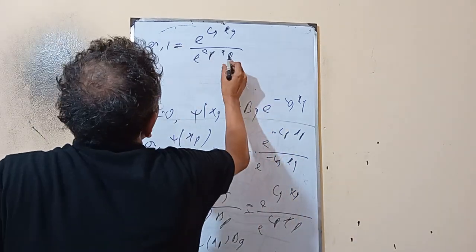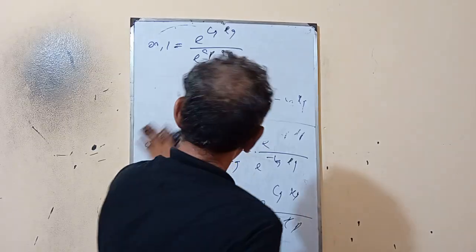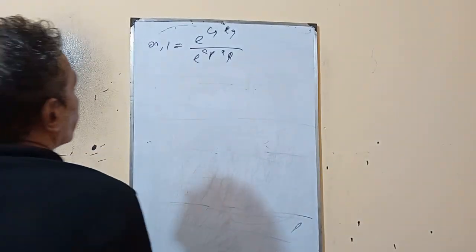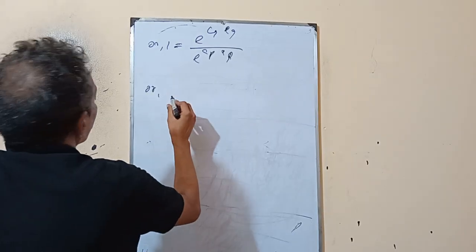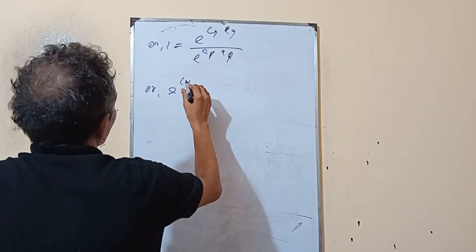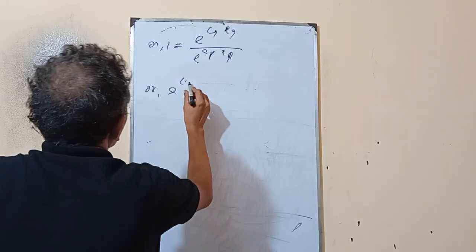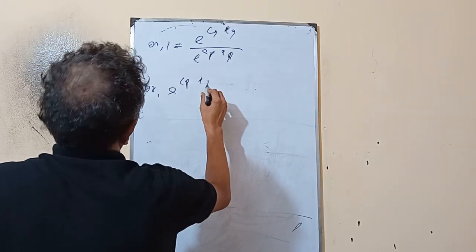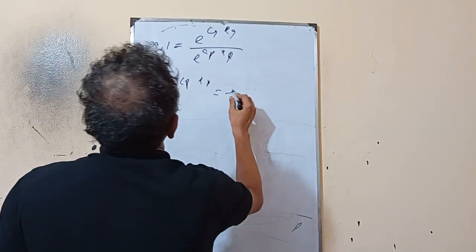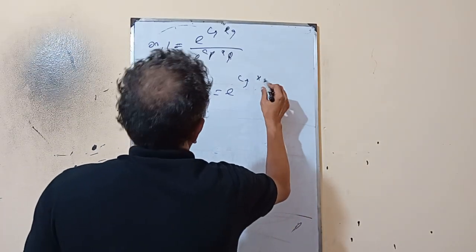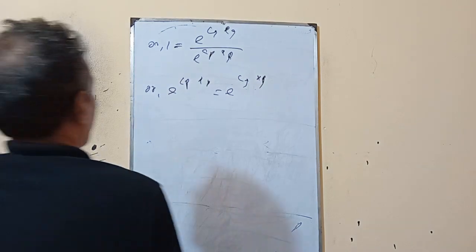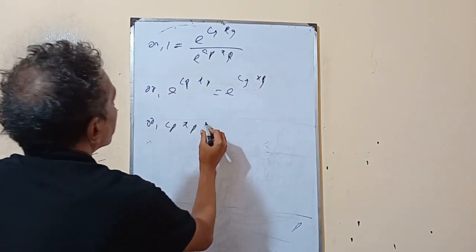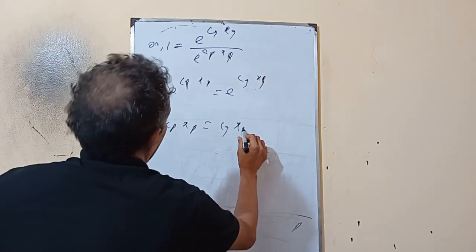Okay, XP. Now we have to calculate. ECP XP, ECZ XP, or CP XP, CZ XP.